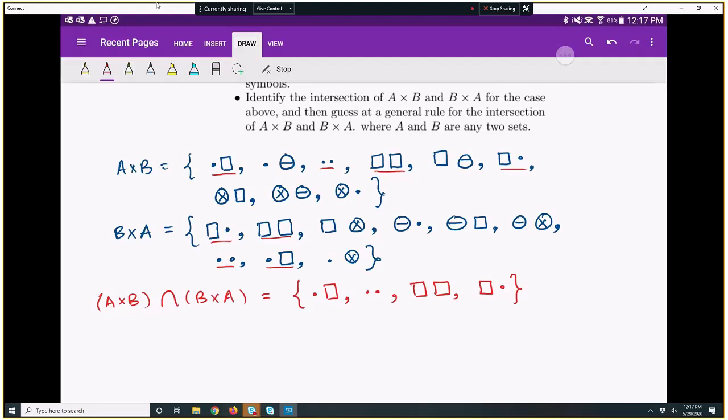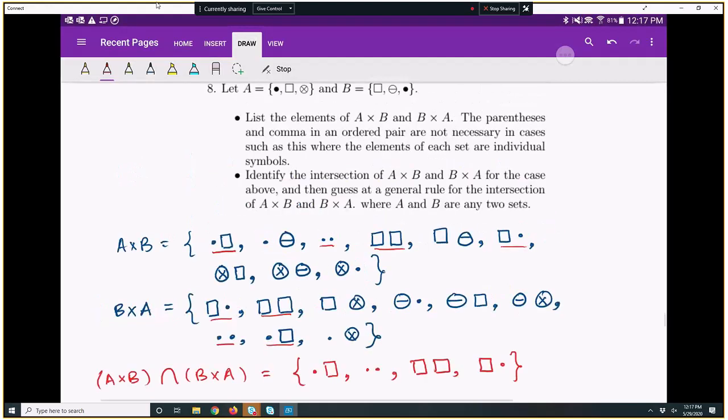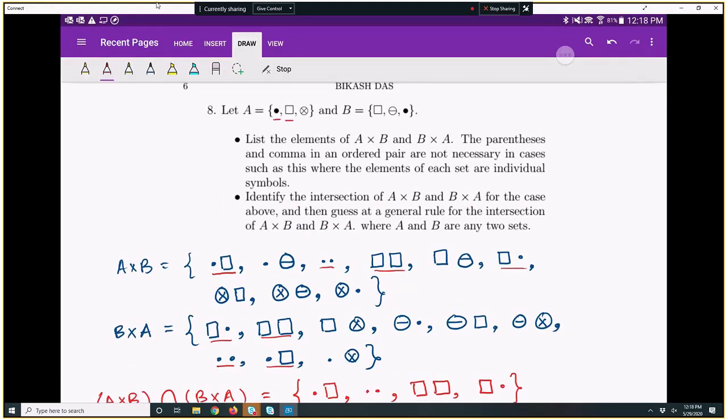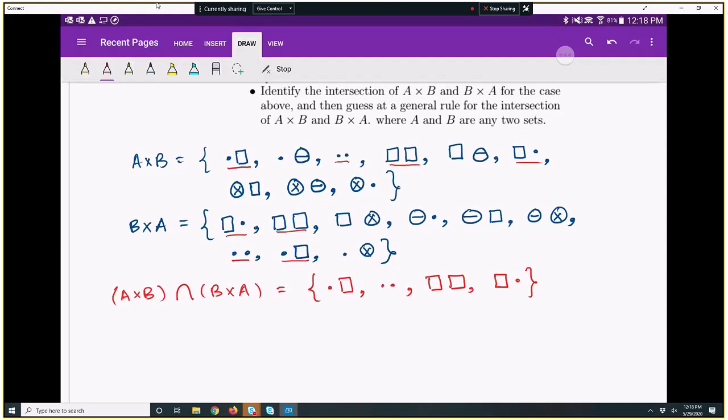So what I notice about the dot and the square is the reason that they show up in both is because dot and square are in both A and B. Because we know that the order matters, when I'm looking at A cross B, this is coming from A, and this is coming from B. I have the same element in B cross A, except this dot came from B, and this dot came from A. But they're the same element because the dot was in both B and A, and the square was in both B and A. So my guess for the general rule is going to be that anything that's in the intersection of A and B crossed with anything that's in the intersection of A and B is going to end up being in the intersection of their cross.